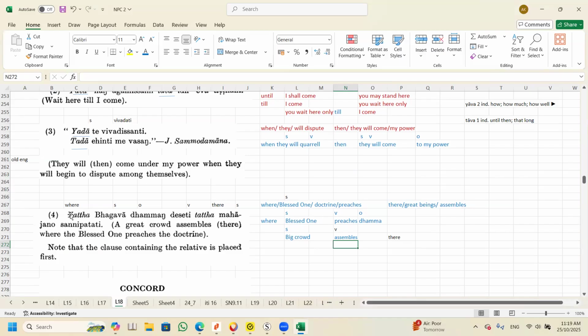Yata refers to the place where the Buddha was teaching. Where and there. So they never use there. You just say where the Buddha was. So I have to insert here: was.